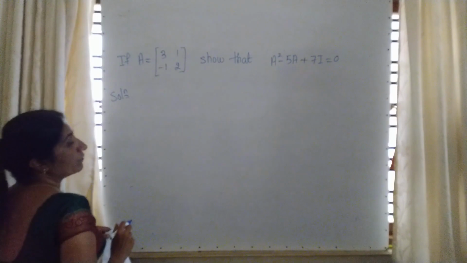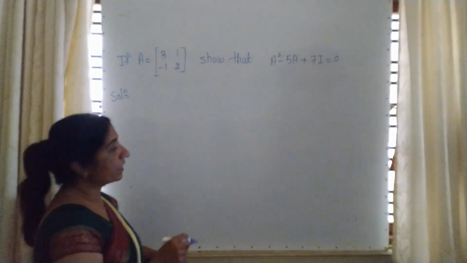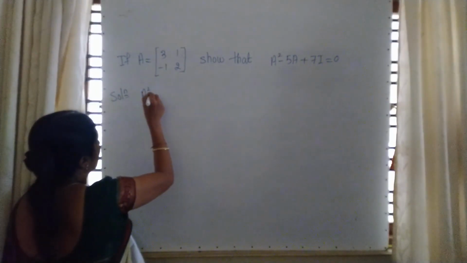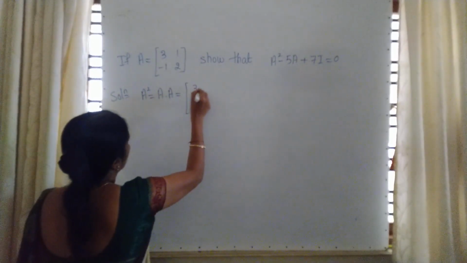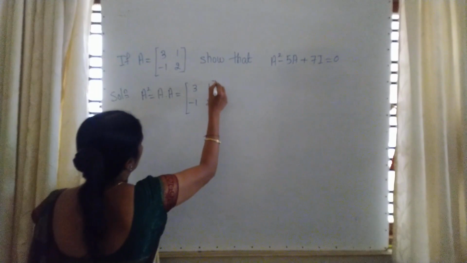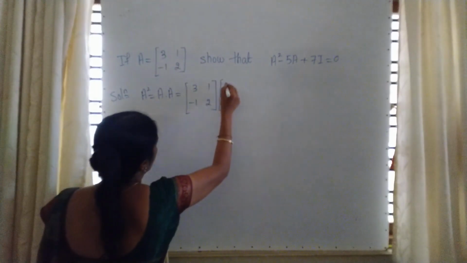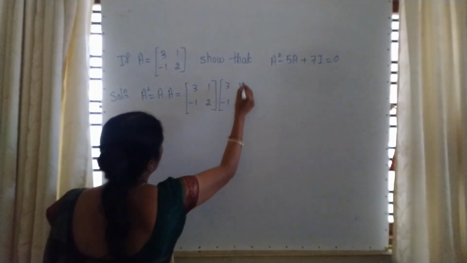So in the solution, first we are multiplying A square, that is A into A. This is 3 1, minus 1 2. This is also 3 1, minus 1 2.